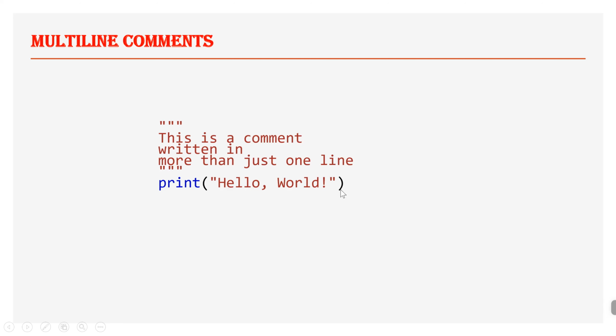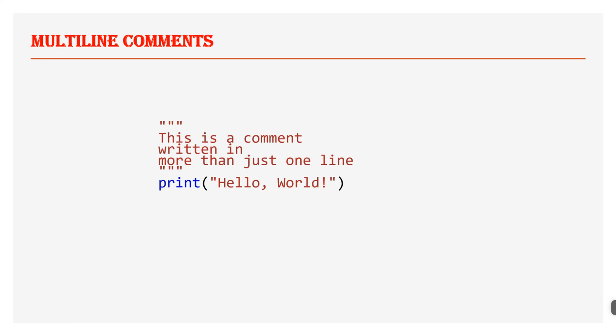So the comment line plays a very important role. Then we go to multi-line comments. Sometimes we may require even a multi-line comment, wherein a single line comment may not be informative, so you may need more information about the paragraph or about the next set of code you are going to write.